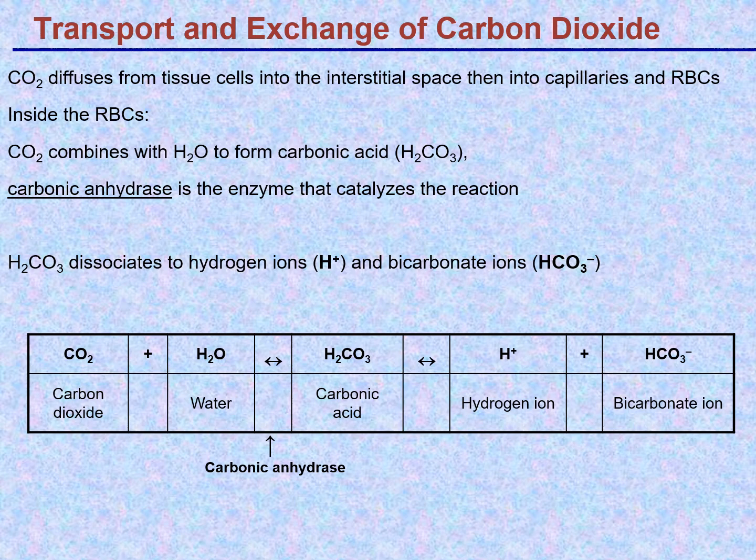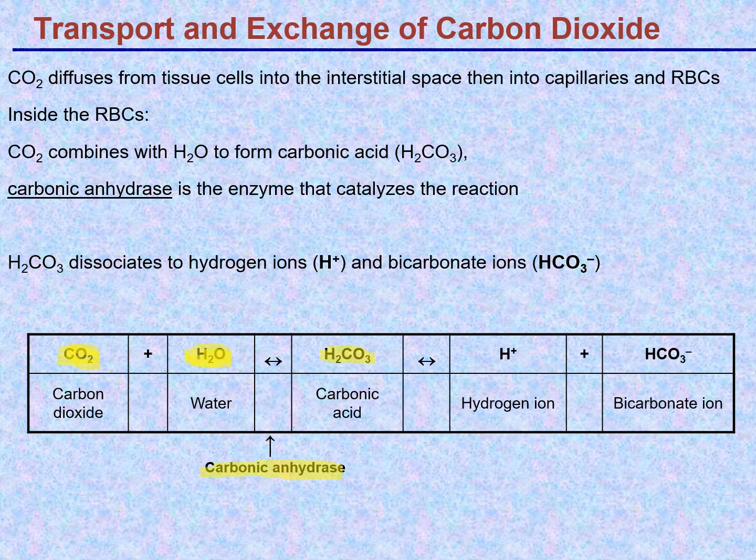So, carbon dioxide diffuses into red blood cells and undergoes a reaction together with water. The biochemical reaction is catalyzed by the enzyme carbonic anhydrase inside red blood cells. The product of the reaction is carbonic acid, H2CO3.